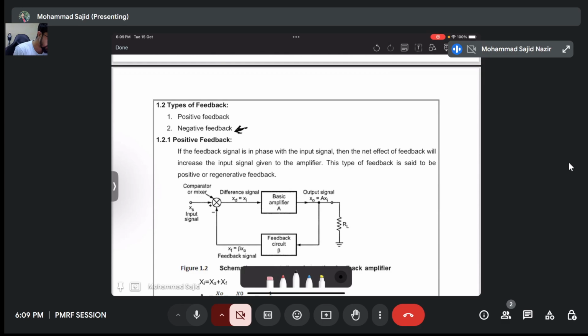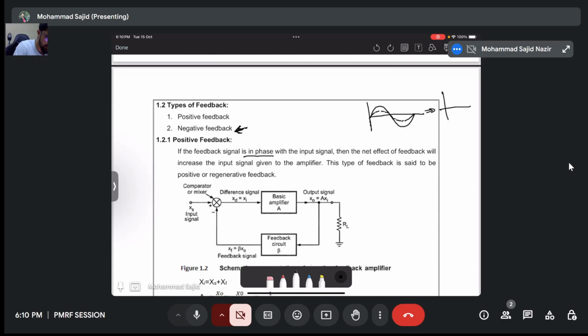If the feedback signal is in phase, what does phase mean? Say I have a signal like this and I give it a feedback signal which is again in the same phase. What will happen?